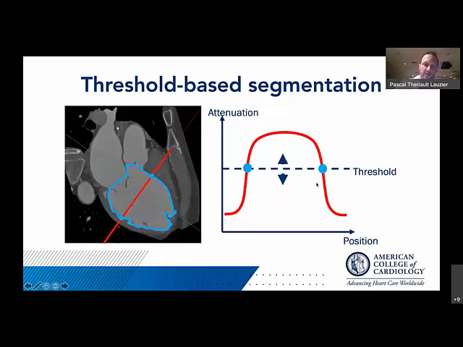So what is done in the vast majority of software is using a threshold. So you move the threshold up and down in order to decide where this limit is going to be. Now you can already see how this can lead to errors. So for example, if you select a threshold that is too low, you may end up overestimating your region of interest.